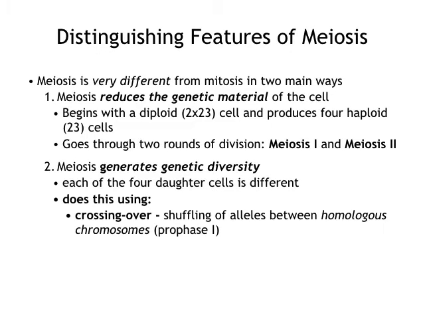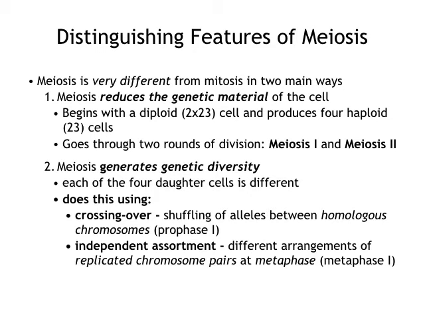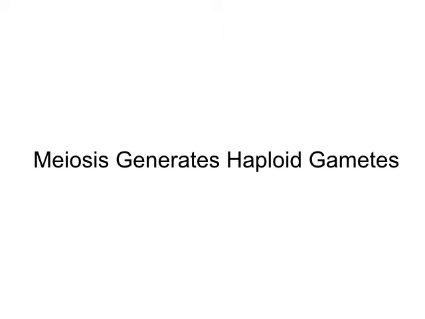It does this using two mechanisms, which we'll get into in this lecture: crossing over and independent assortment.